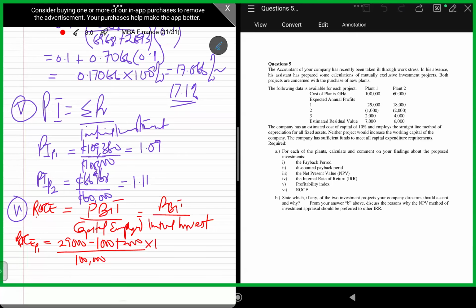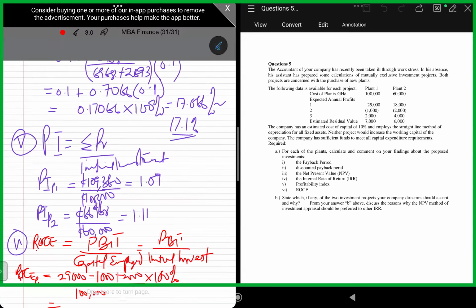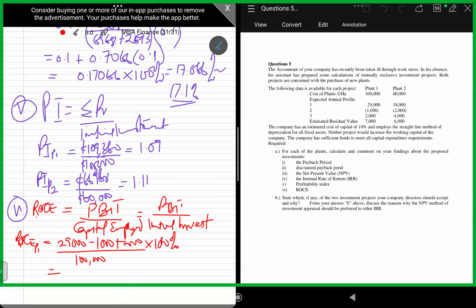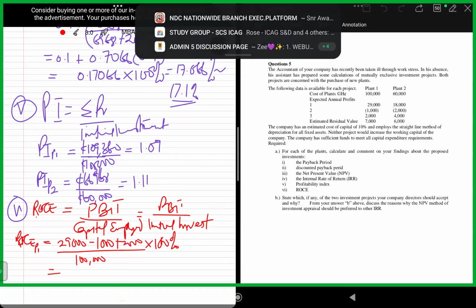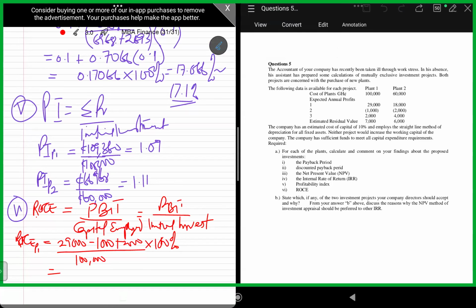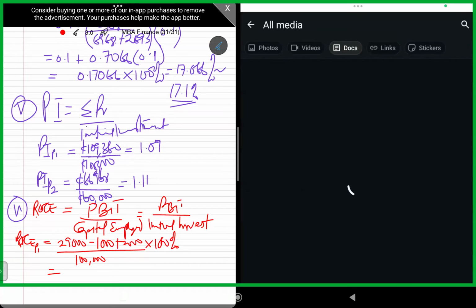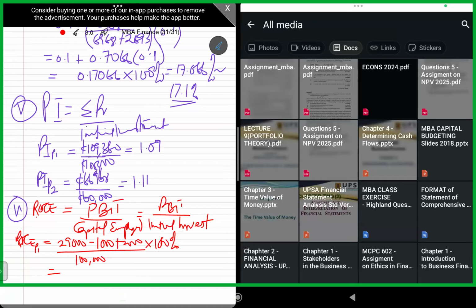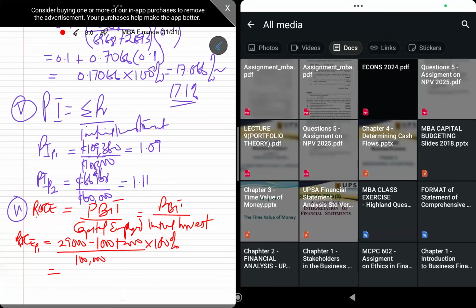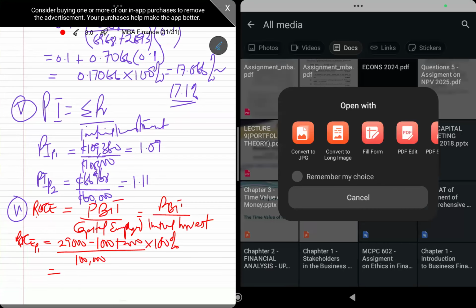Then multiply all by 100%. That gives us 30,000 over 100,000.